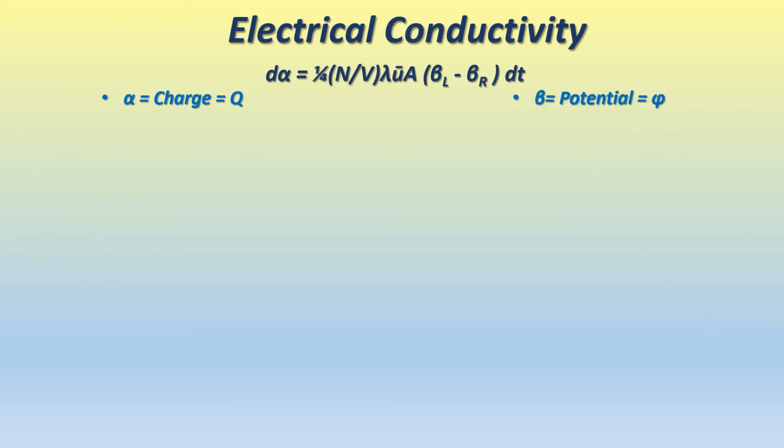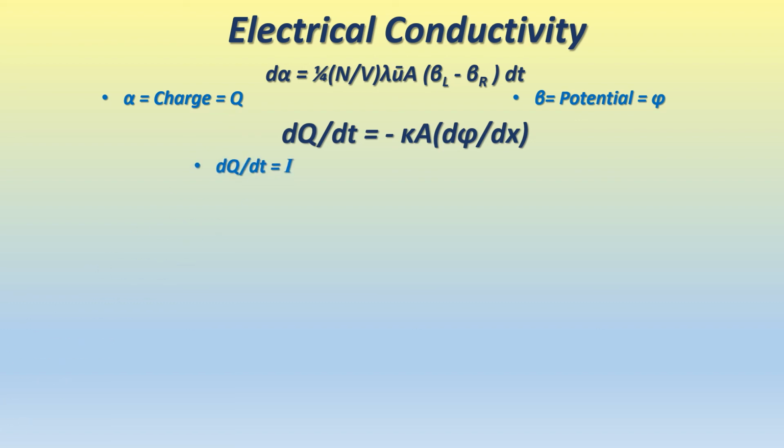Electrical conductivity. In this case, your flux is charge across a potential gradient phi. So you get dq/dt is minus some conductivity kappa times the area of the pipe, dphi/dx. Some substitutions from outside chemistry.